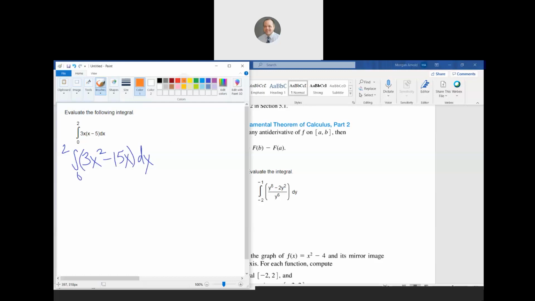For 3x squared, add 1 to the original exponent and divide your antiderivative by your new exponent. That will be 3x cubed all over 3, or just x cubed after the 3's cancel.